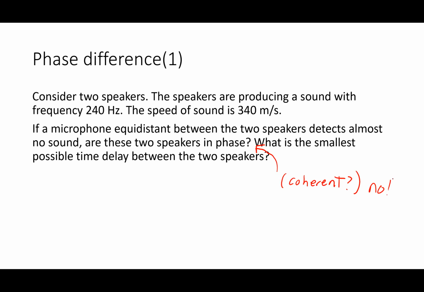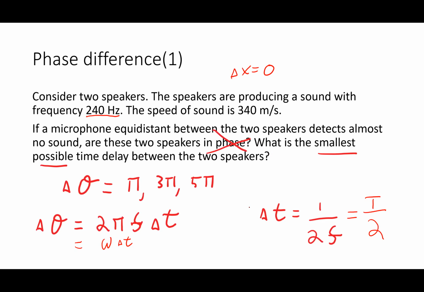So if I'm thinking about time delay, the smallest possible time delay that I could have would be the one where one speaker has shifted over by half a period, meaning that I've got the crest from one wave arriving at the trough of another wave. So the possible phase differences would be pi, 3 pi, or 5 pi. The smallest time delay would indicate that I'm looking for the smallest phase difference, so that would be pi.